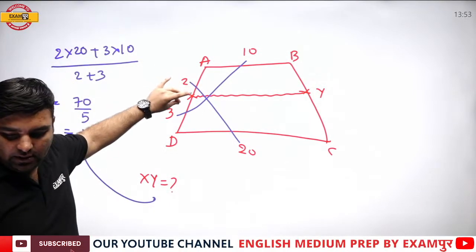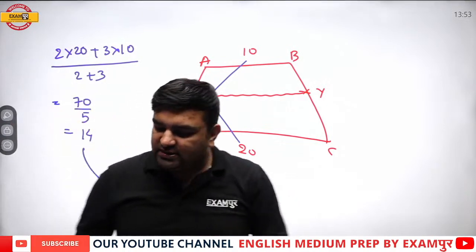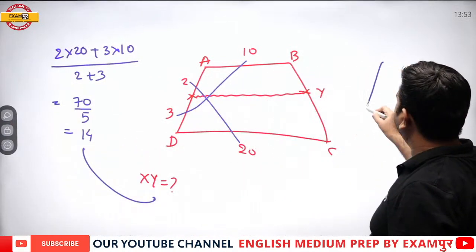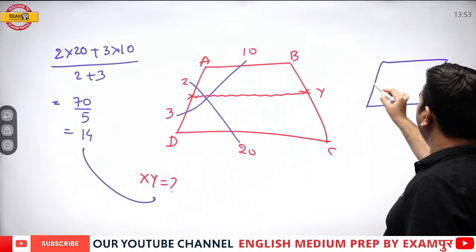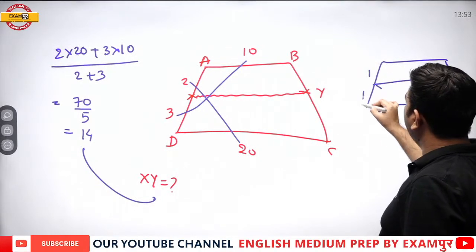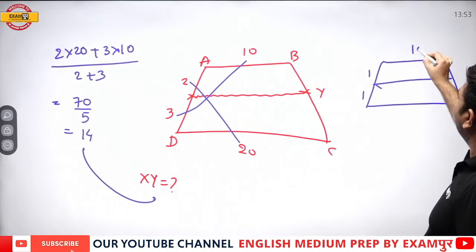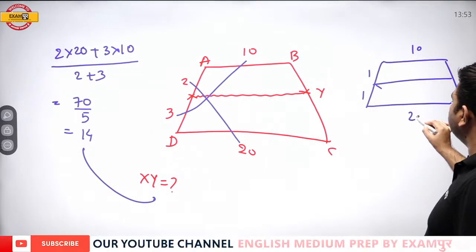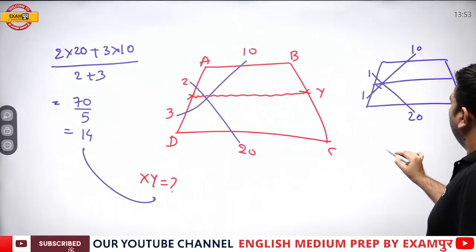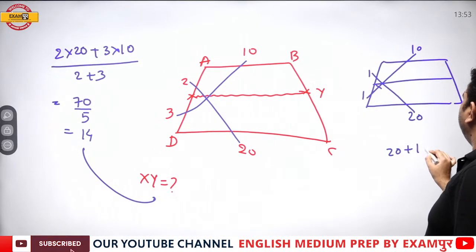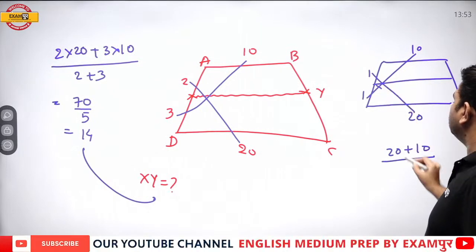From this concept only, the concept of midpoint has come, because this was 1:1 in case of a midpoint. So 1 into 20 plus 1 into 10, divided by 1 plus 1, is 2, that is 15.